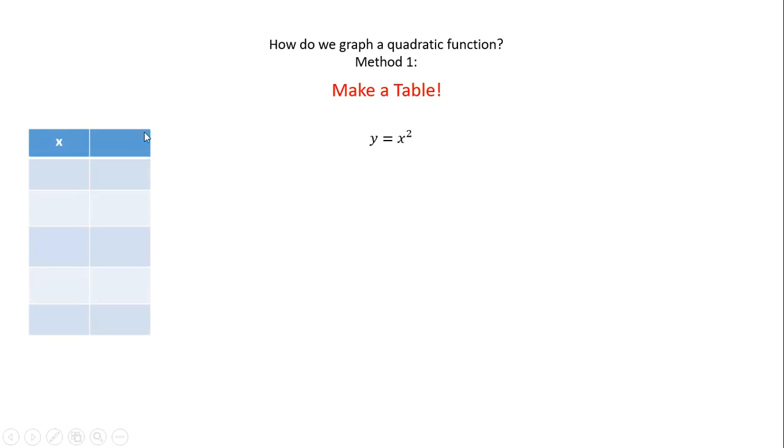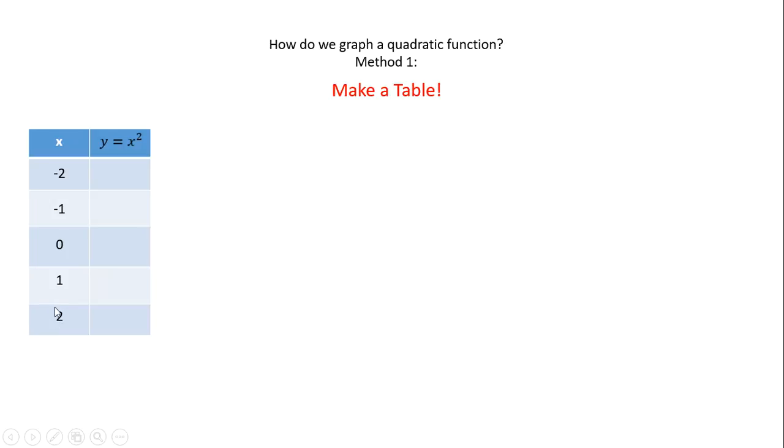We're going to get our table here. A lot of times, you're going to need to use vastly different numbers to graph a quadratic. However, this section, if we use -2, -1, 0, 1, and 2, you will be fine. Later on in the chapter, we will talk about how to figure out what numbers you need to use for the x value.